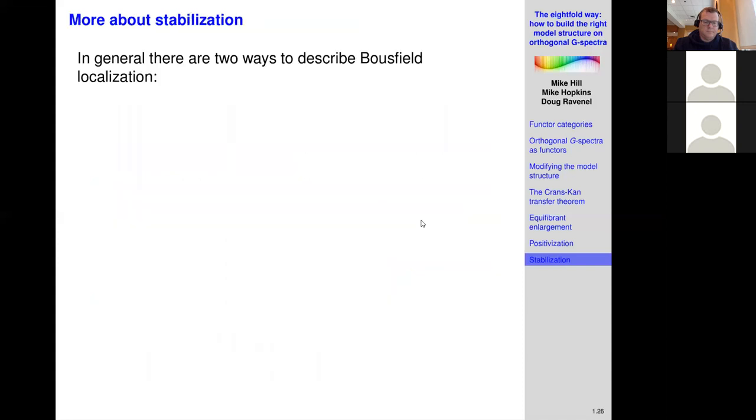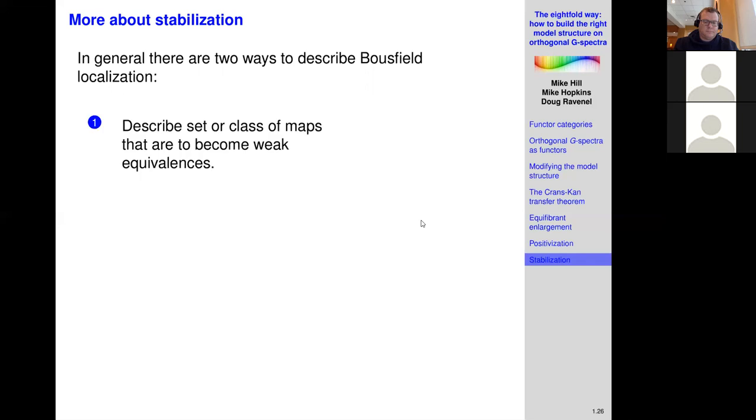Now, here's some more comments about it. In general, there are two ways that you can describe Bousfield localization. One is you can say what the new weak equivalences are. You can describe the set of maps that are supposed to be weak equivalences. Now, in order to do this, you don't have to list all of them. You don't have to specify all of the new weak equivalences. You have to specify some of them.